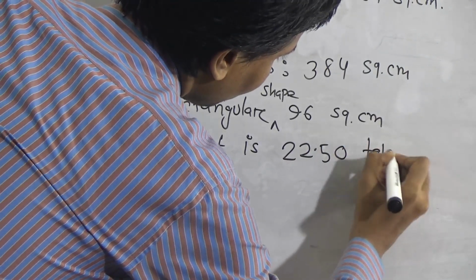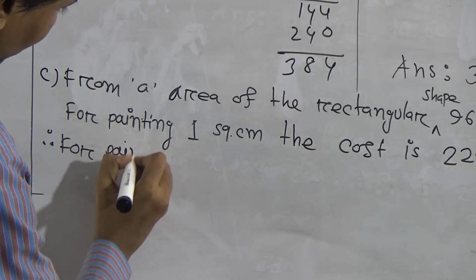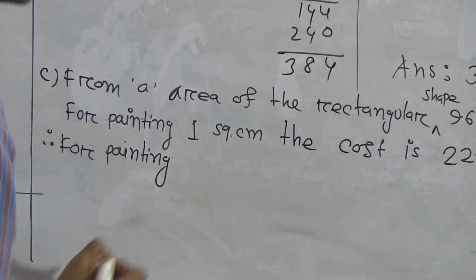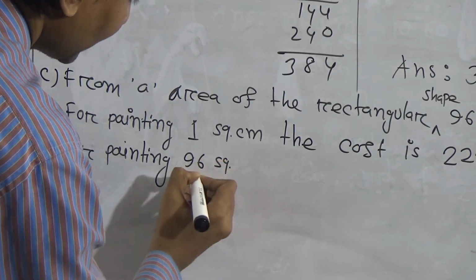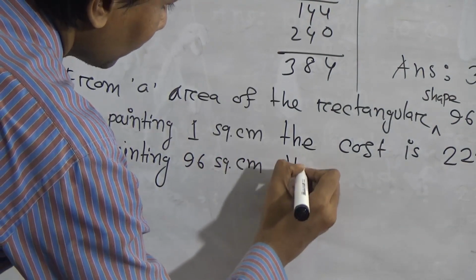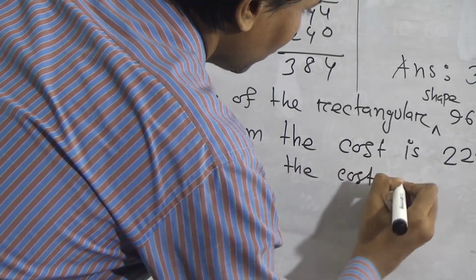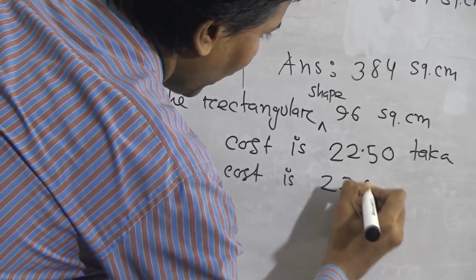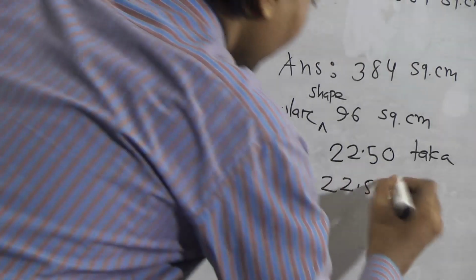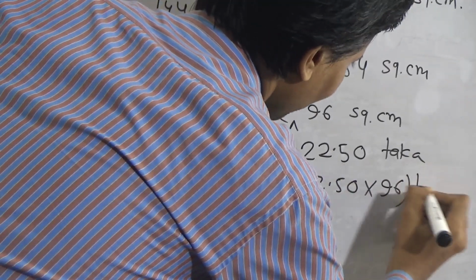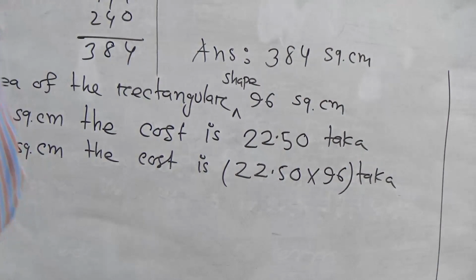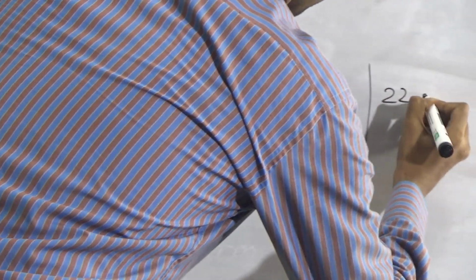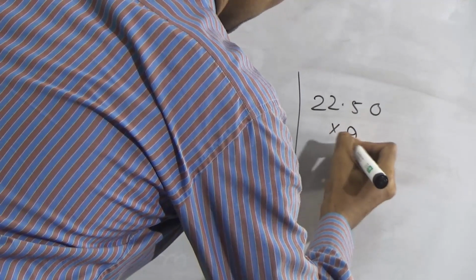Therefore, for painting 96 square centimeter, the cost is what? 22.50 into 96. Dear student, you multiply yourself.